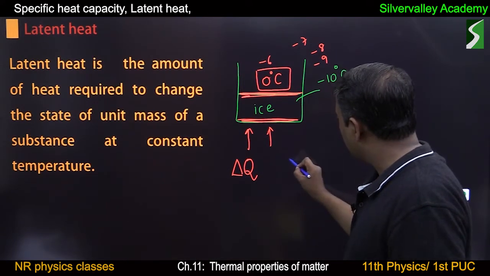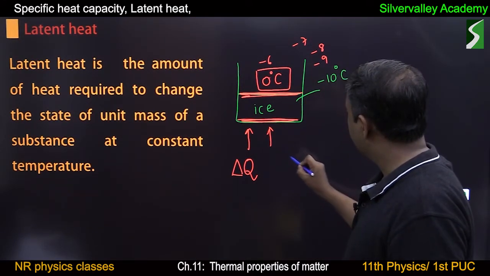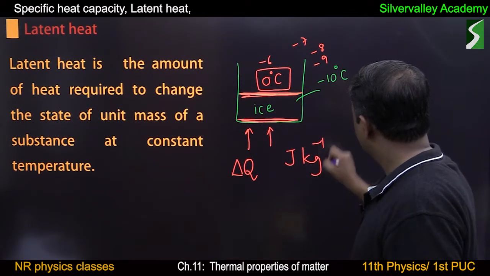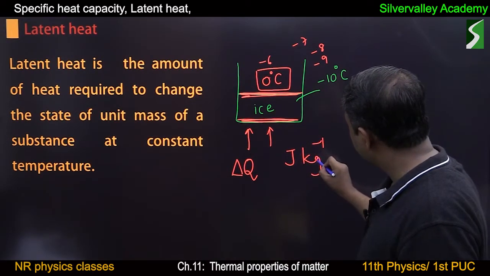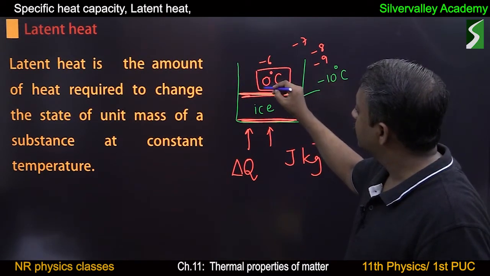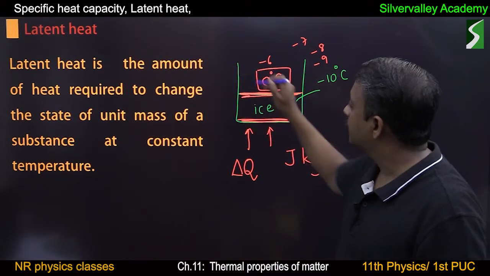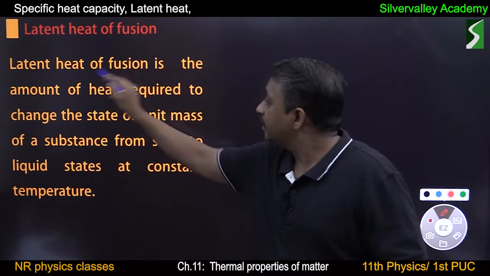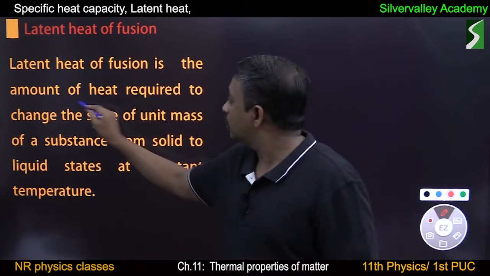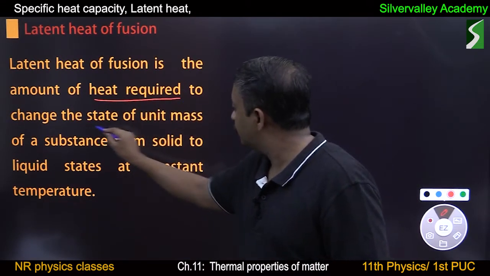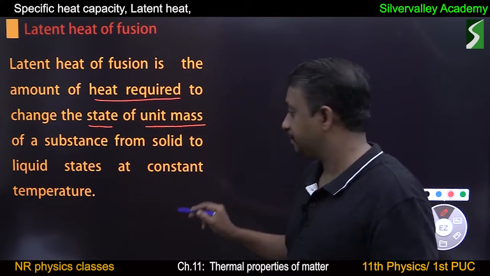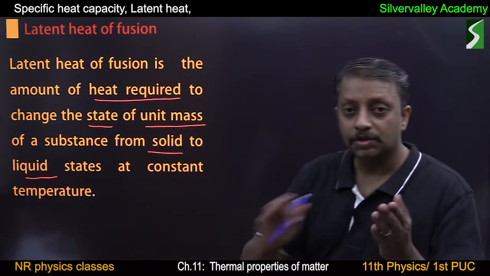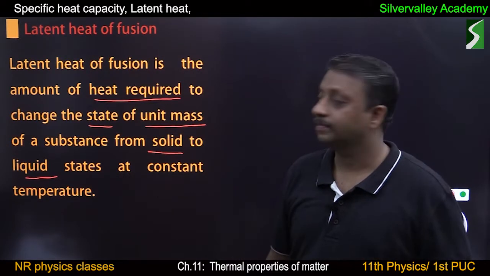So some amount of heat, joule per kg, heat required per kg is a measure of latent heat of ice. Latent heat of fusion. Latent heat of fusion is the amount of heat required to change the state of unit mass, 1 kg, from solid to liquid state. Solid to liquid or liquid to solid.